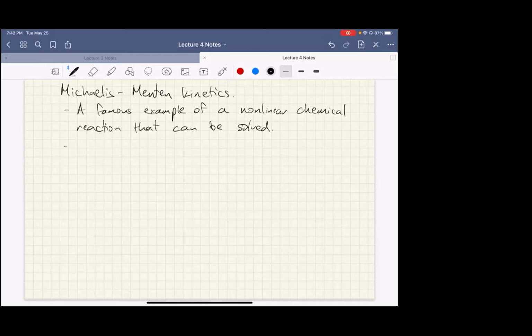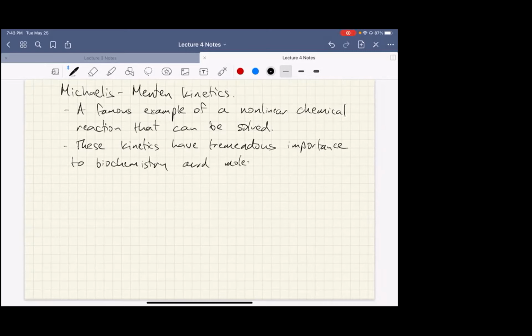And not only that, but these kinetics have tremendous importance to both biochemistry and molecular communication.